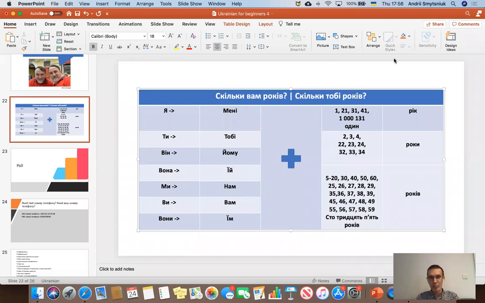Okay, let me see if there are more questions. Oh yeah, somebody's messaging that 12 and 20, 13 and 30, 16 and 60 are very confusing. And I agree, they indeed are.